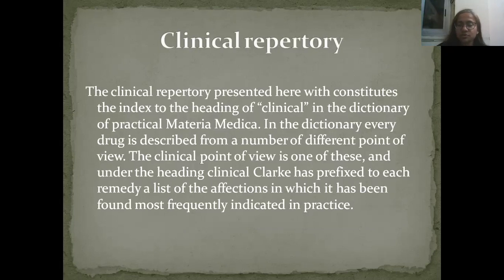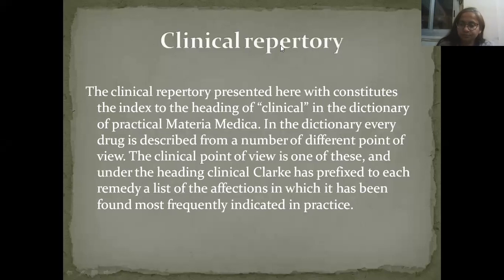The first chapter of the Clarke repertory is the clinical repertory, which constitutes the index to the heading of clinical in the Dictionary of Practical Materia Medica. In the dictionary, Clarke has listed all the remedies. Every drug is described from a number of different points of view.